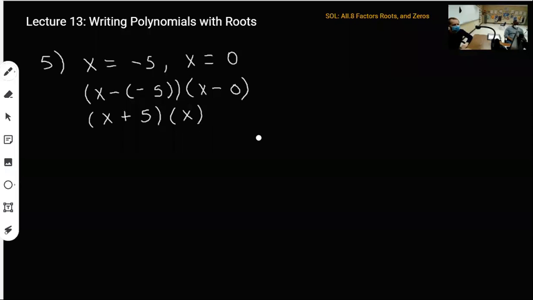So now what I'm going to do is the distributive property. And what that means is if you have 2 terms being multiplied by 1 term, you're just going to distribute that 1 term to everything on the inside. So I'm going to multiply both of these terms by x, and we're going to see what happens.